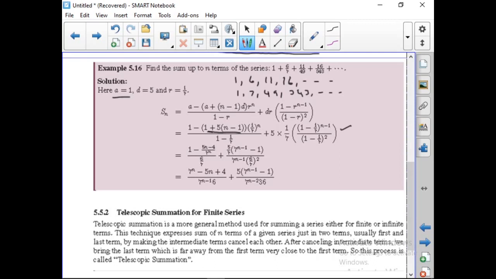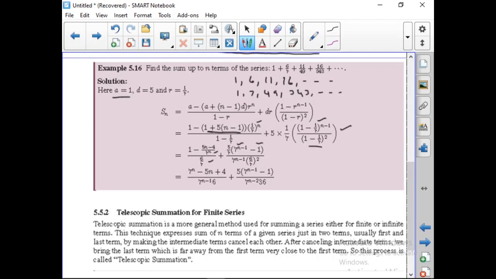So, 5n minus 4 and 7 power n is written in the denominator, divided by 1 minus 1 by 7 which is 6 by 7. So, here 5 by 7 into 1, in the numerator take LCM. So, 7 power n minus 1 is the LCM. So, you get 7 power n minus 1 minus 1 by 7 power n minus 1, and in the denominator take LCM.